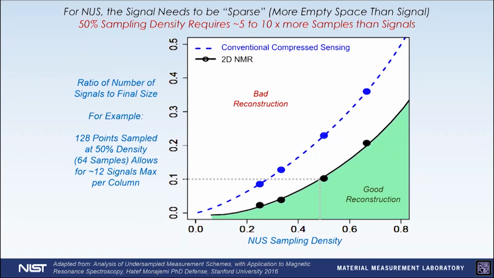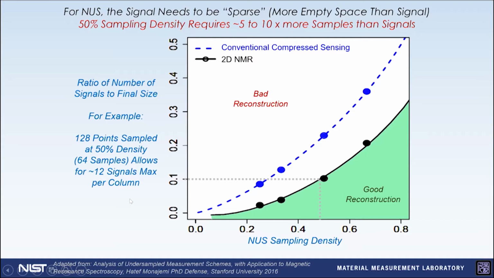So for example, in a 2D data set, if we have 128 points sampled at 50% density, according to a curve like we see here, in order to get a successful reconstruction, we can only have about as many as 12 signals in the densest column of the 2D data. So the restrictions are actually much tighter than we might guess.